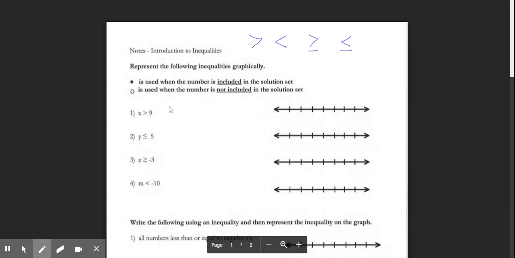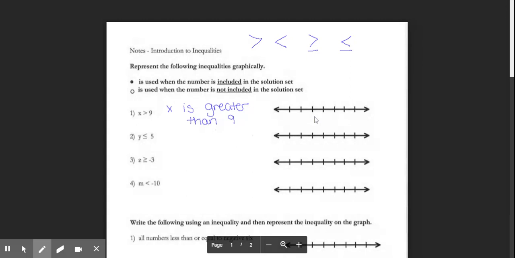So number one, in words, this says x is greater than 9. This is the greater than symbol. So x is greater than 9 means I want all the numbers that are bigger than 9, such as 10, 11, 12, 13, so on and so forth. To graph this on a blank number line, we first need to start with the number 9.